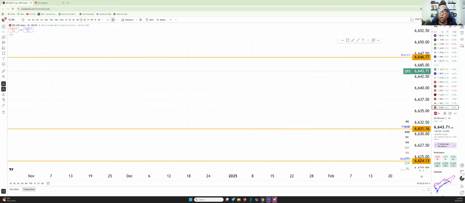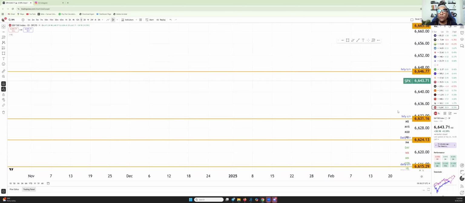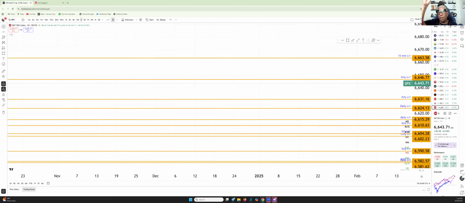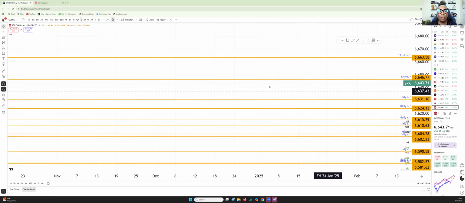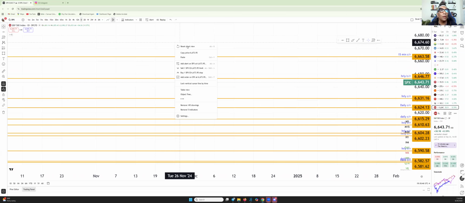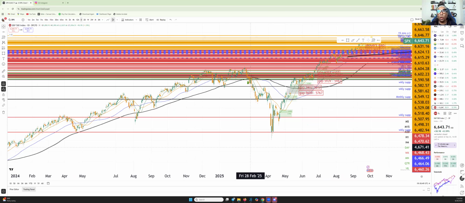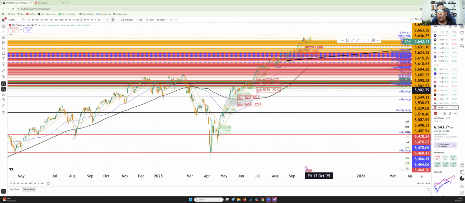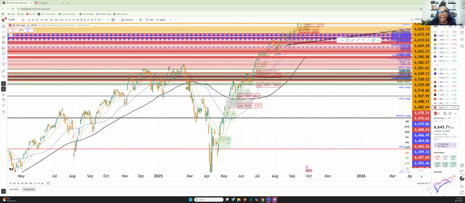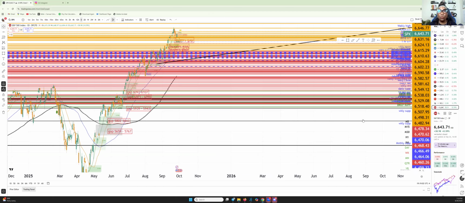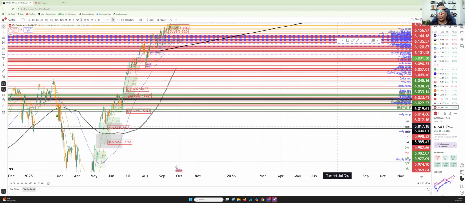Price is going to want to continue the direction it was going. So if it's red, and price goes up, it's probably going to go up into it and then go back down. If it was a red fair value gap, price is going to try to continue the direction it was going when the gap was created.